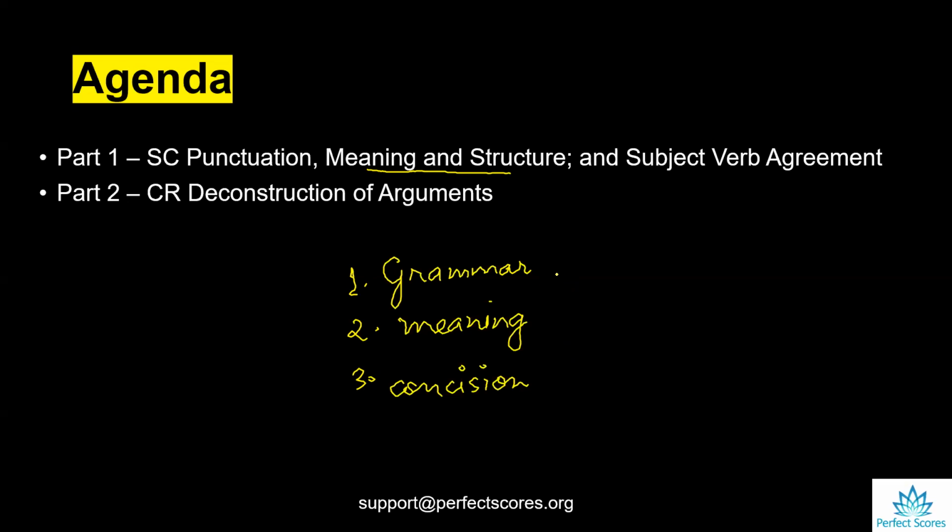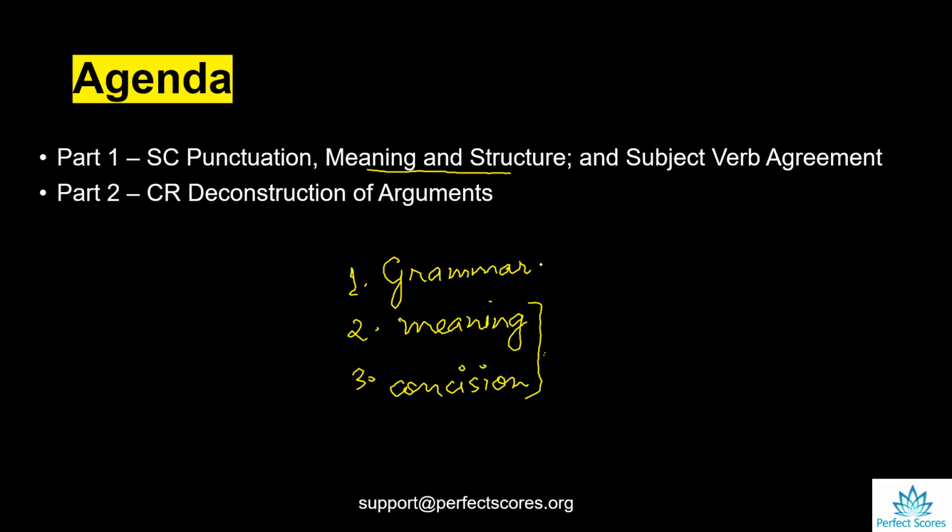You have to follow the same order: grammar, and then meaning, and then concision. And many students don't realize this, but meaning and concision do help to solve a lot of questions at the end, especially when you're left with 2 options and both look correct. So that is when meaning and concision help you.